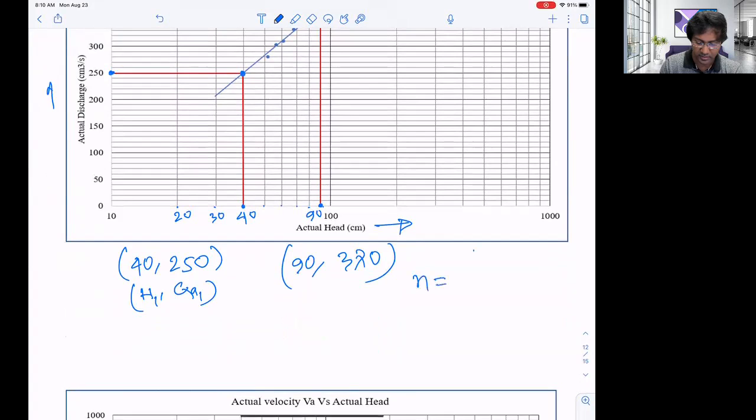We know the equation: n equals log of QA1 divided by QA2, divided by log of H1 divided by H2.